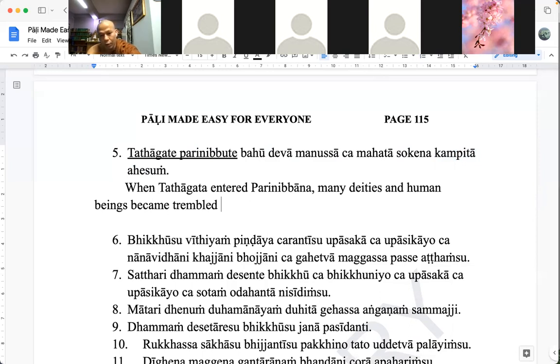Mahata Sokena, instrumental case Sokena, and Mahata also Mahat with the instrumental case, that is a possessive adjective or maybe present participle like that. So Kachada, Danawata like that. So instrumental case, with great sorrow.